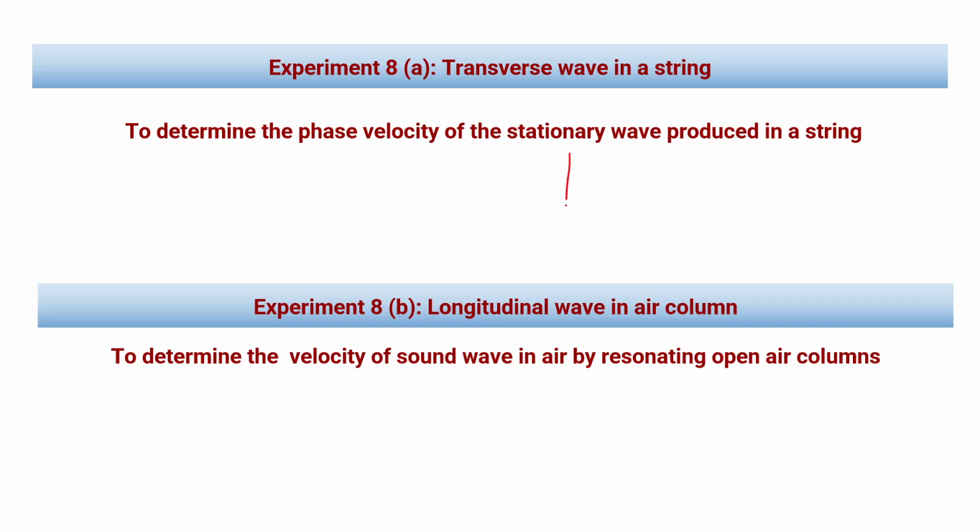For this experiment we had a string, one end was tied, and another end we gave tension by suspending a mass to the other end of the string. After that we were giving some frequency disturbance to this tight string.